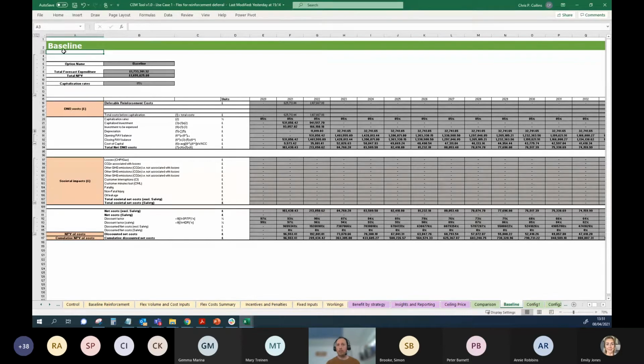I won't go into the detail. If you're aware of it, you're aware of it. If you're not, I don't think you need to get into it particularly, but just to understand that this is how the DNOs are obliged to think about the costs and benefits associated with the strategies they employ, and so that's all in the detail here.